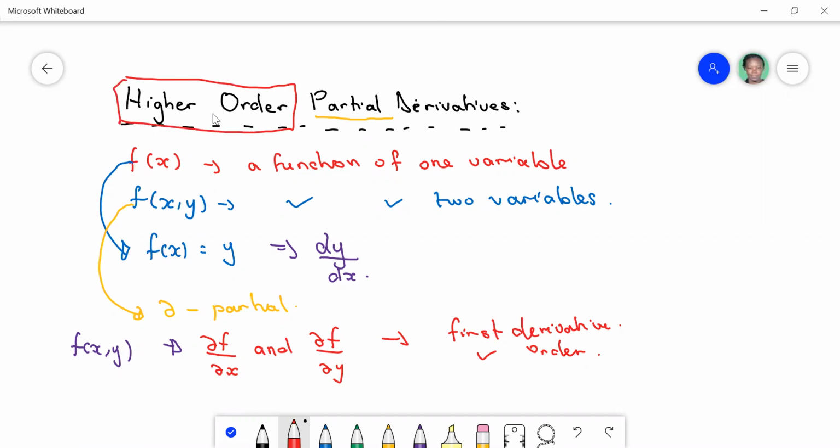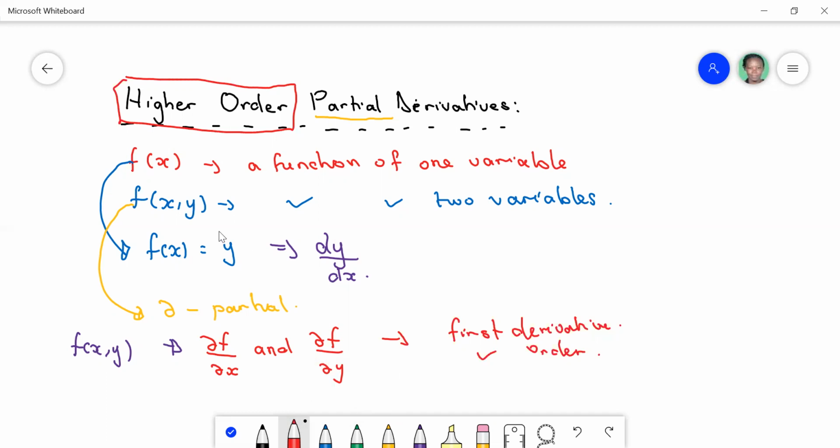When we talk about order, we are looking at the highest derivative you have. The highest derivative for this is just 1. If you differentiate once, the order is 1. If you differentiate twice, you have order 2.